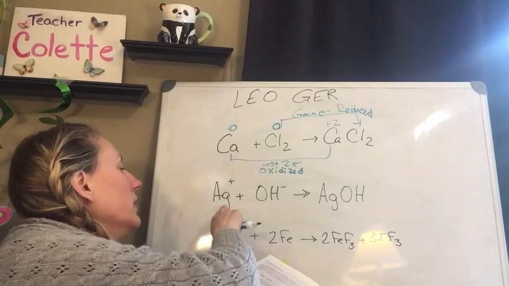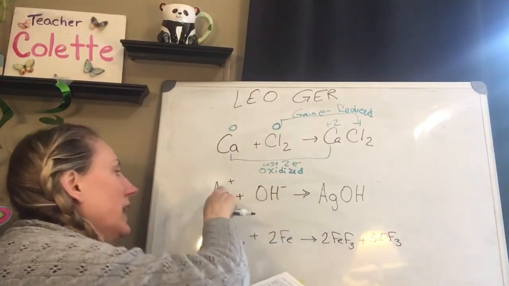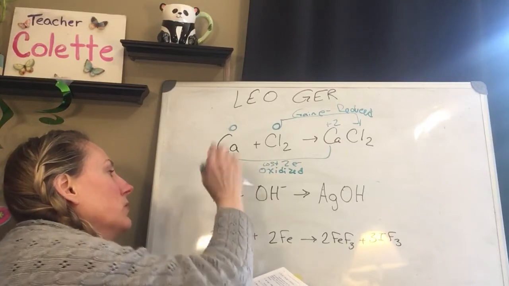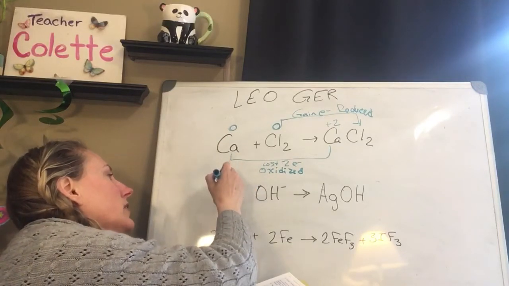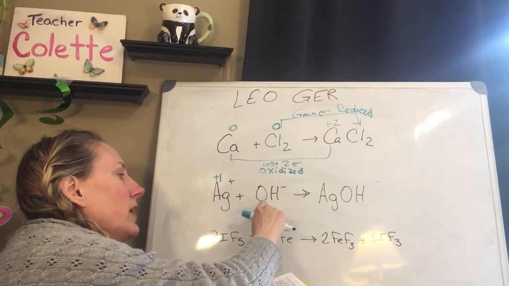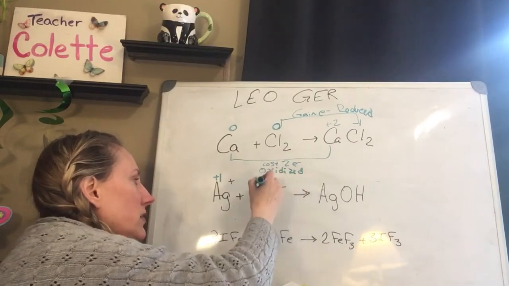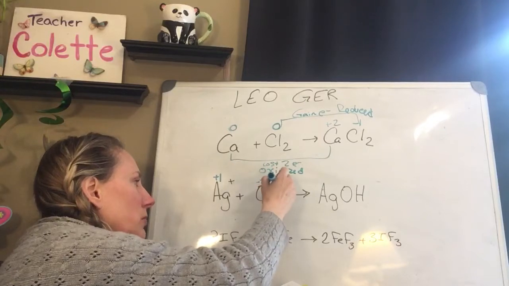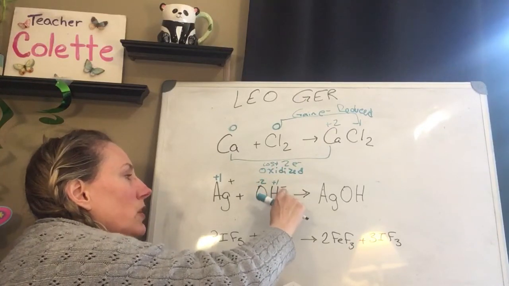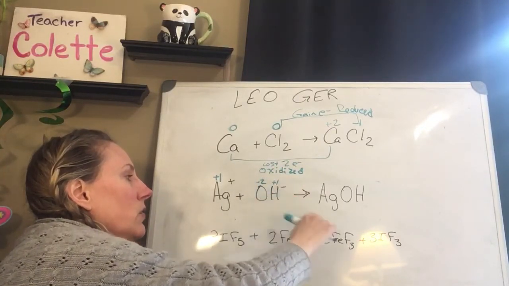So now we have silver, and again, this has an overall charge of +1, so there's only one thing there, and so it's got to be +1. Here we have oxygen and hydrogen. This is going to be -2, this is going to be +1, and there's an overall charge of -1. So let's look over here.